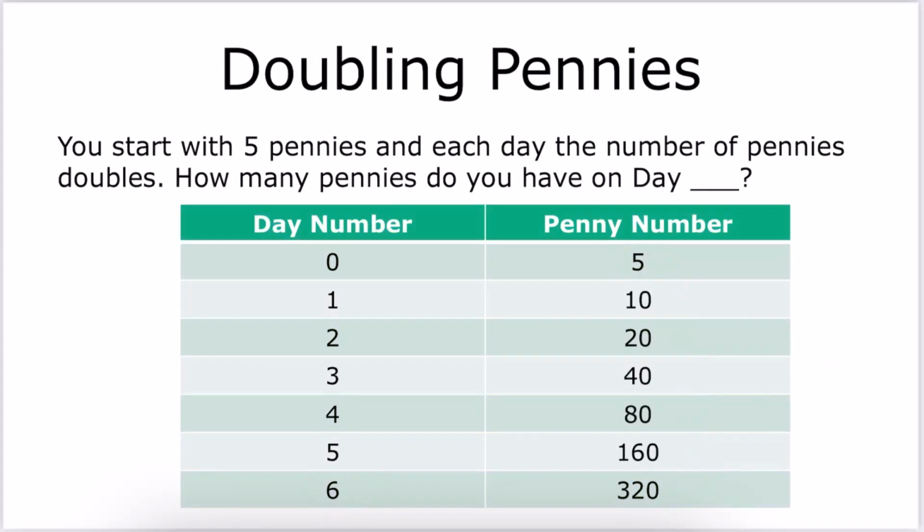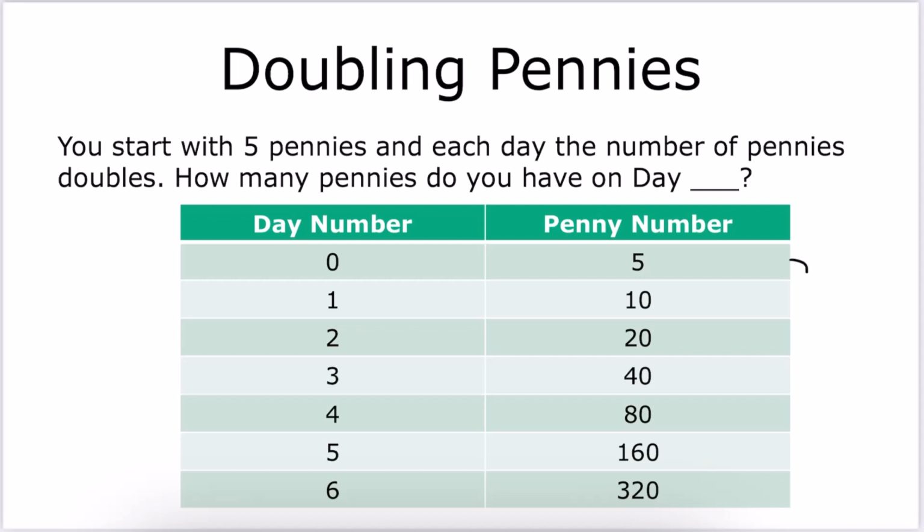Now, an exponential function is different from a linear function in the sense that the pattern is not consistent addition or subtraction, but instead it's consistent multiplication. So let's say we started with 5 pennies and each day the number of pennies doubled. So in this case, you're not adding a consistent amount, you're doubling the number of pennies.